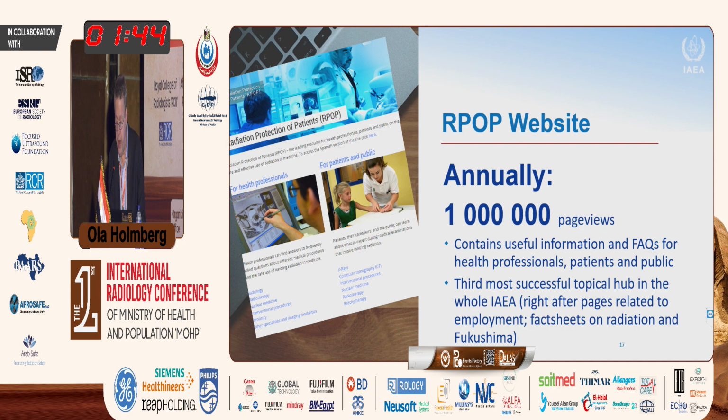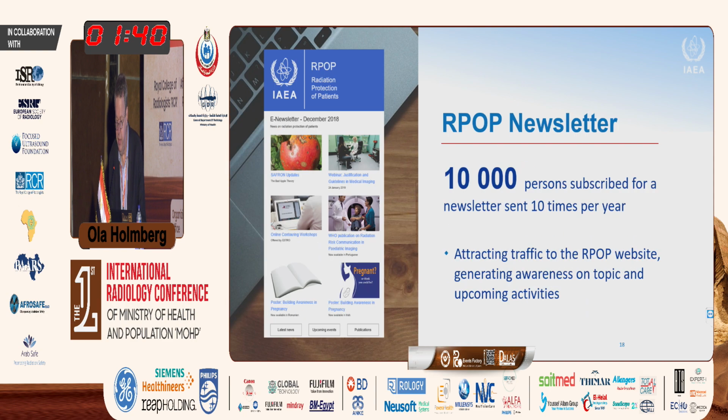This is where you find all the free material that is made available. You can also sign up for our newsletter, which is sent out to more than 10,000 people around 10 times per year, with a lot of news in this area.